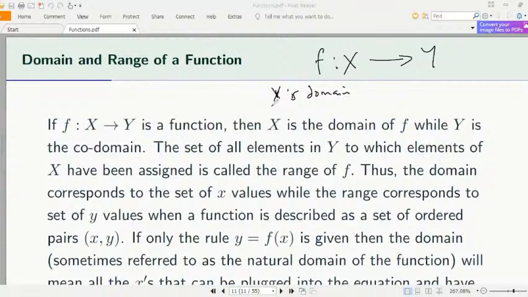And Y here is the codomain. I had already indicated this. Y is the codomain. Now look at this scenario.